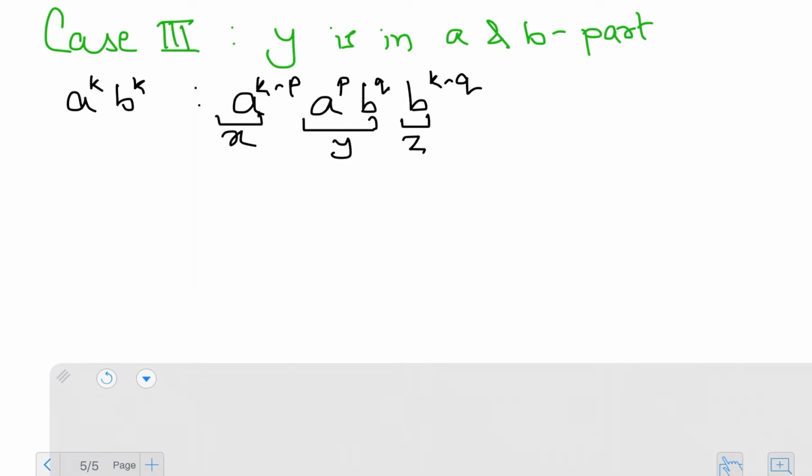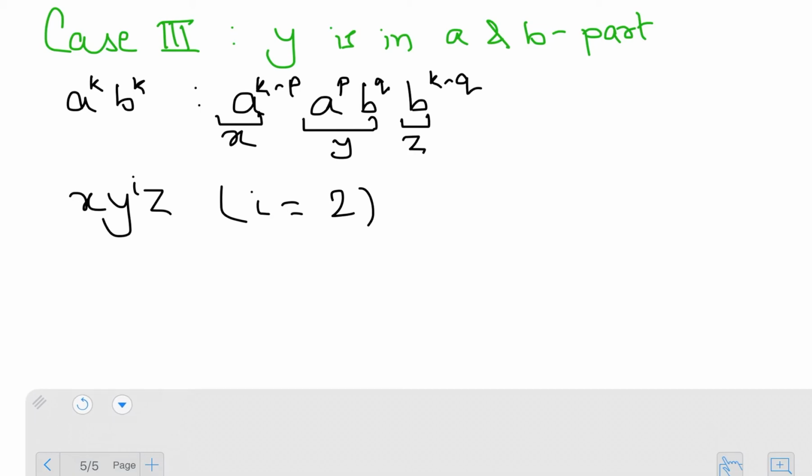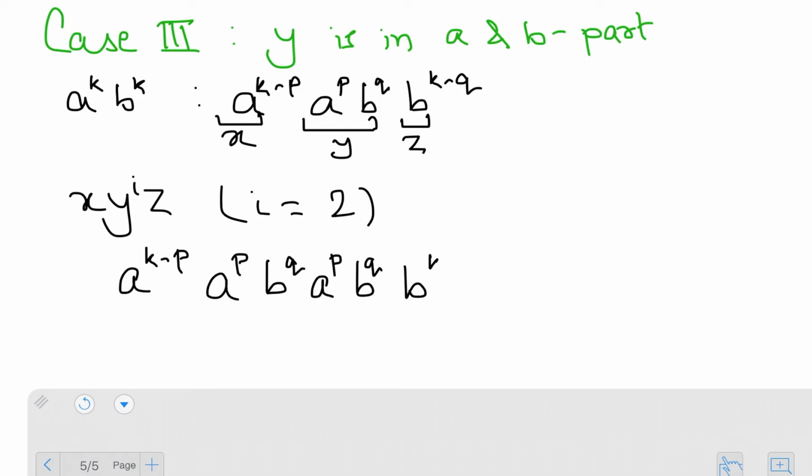Now when I take x, y to the power i and z, and I take i to be, let's say, 2, what happens is I get a to the power k minus p, which is my x, that remains unchanged. Then I write a to the power p, b to the power q, then a to the power p again, b to the power q again, and b to the power k minus q.